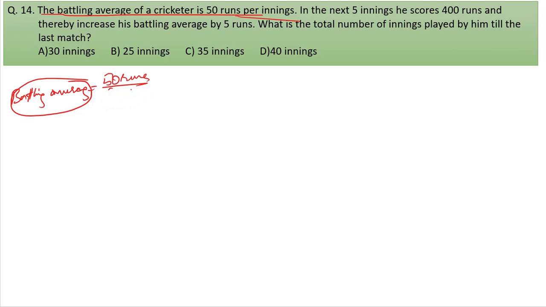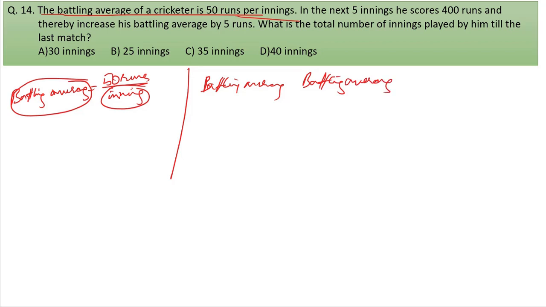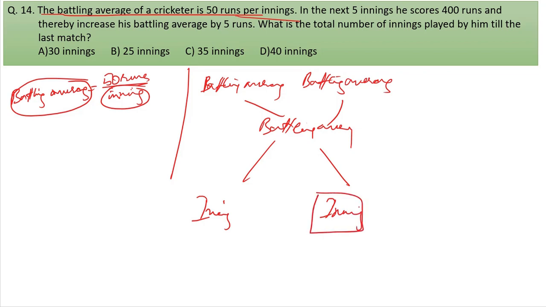Our batting average is calculated upon inning, so we'll be having batting average here, again batting average here, and then batting average again, and then we'll be having inning here and then inning here. So this is our diagram.